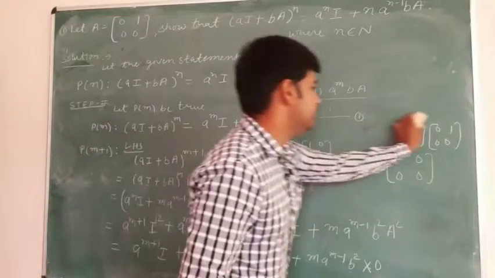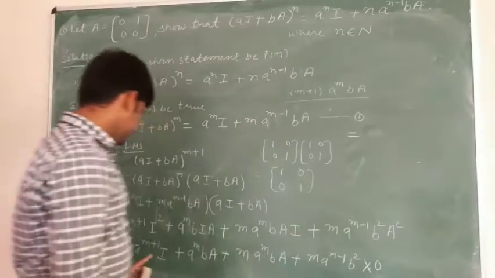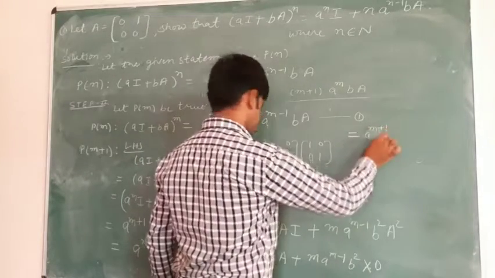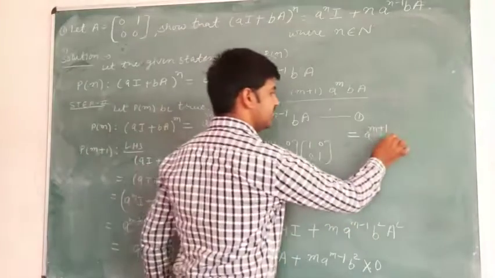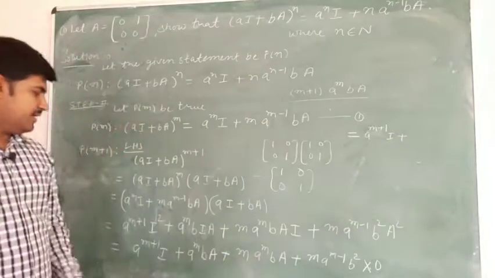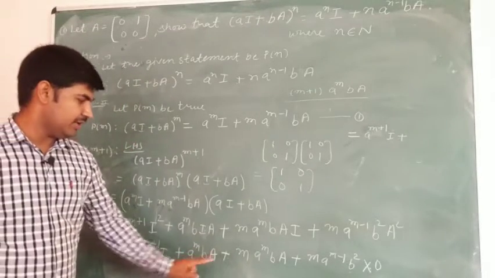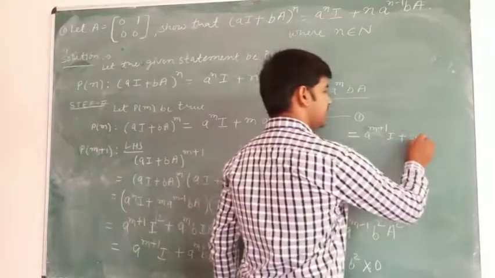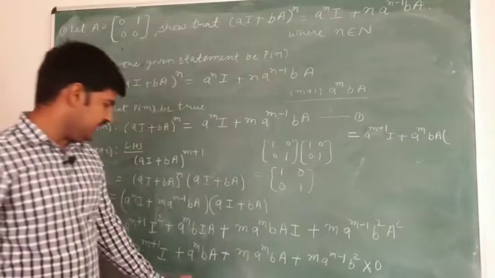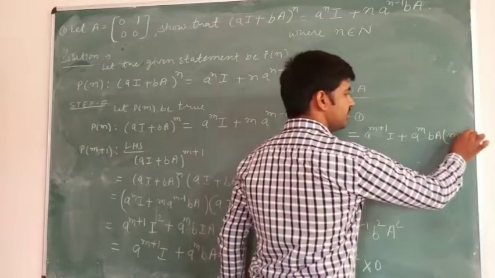I can put the value of this one equal to, so here I am writing is equal to, now what is the next step? A raised to the power m plus 1 times I plus, these two steps are remaining, students, and from these two steps, if I take A raised to the power m B A common, what would I be getting here? m plus 1 or 1 plus m? m plus 1 is what is remaining.